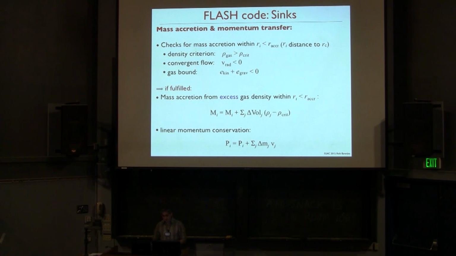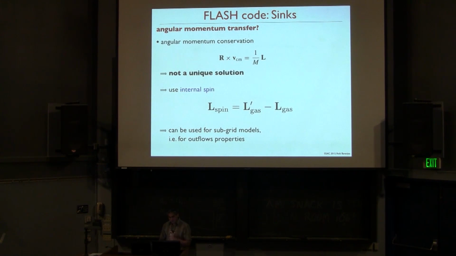So you have mass conservation, of course, in your simulation box. And also because the mass parcel is moving, it gives the sink particle a kick, so it gets a momentum. So you have linear momentum conservation, of course, in the simulation box.